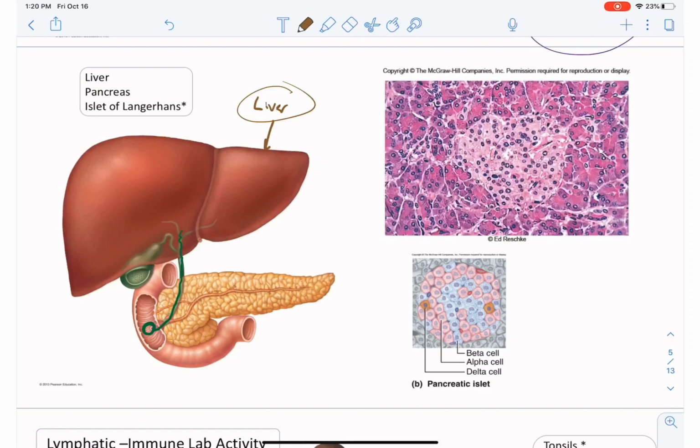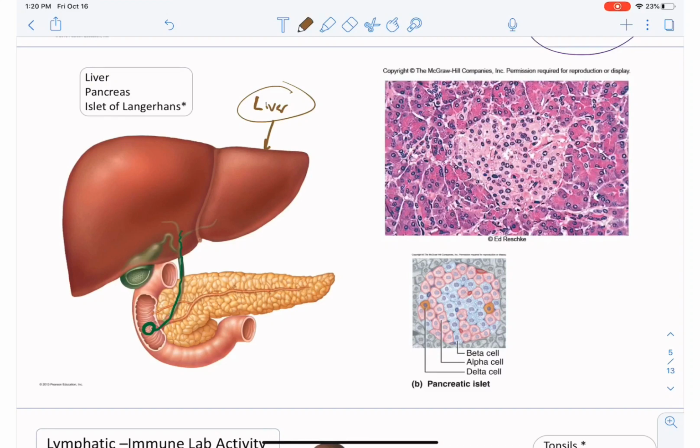It takes a lot of products and detoxifies them, breaks them down, and eliminates them from the body. The liver also produces what we call plasma proteins, proteins that are released into the blood that do a whole host of things, help transport materials around the blood, help maintain osmolarity, stuff to that effect.